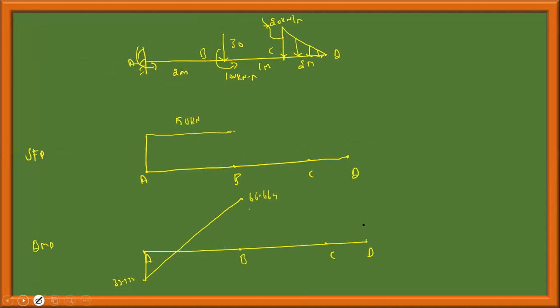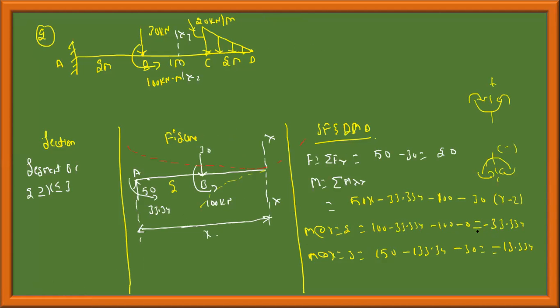Bending moment at x is equal to 2 has a sudden drop to minus 33.34, and it will be linear. When the shear force is constant, bending moment is linear, from minus 33.334 to minus 13.334. There will be a drop in bending moment up to this point.